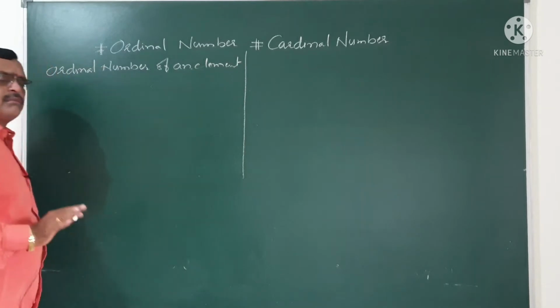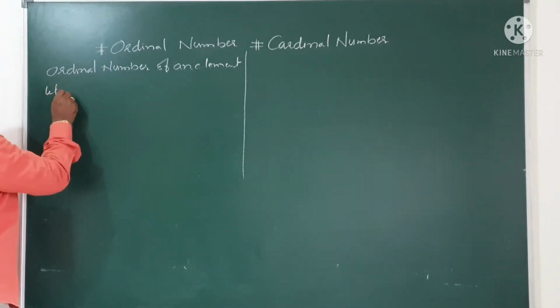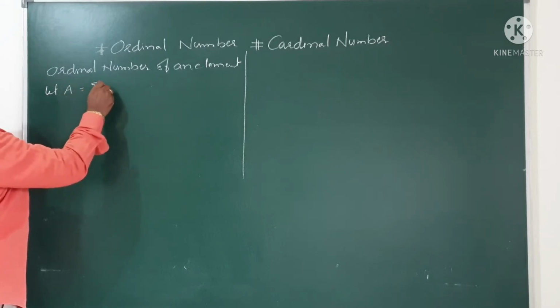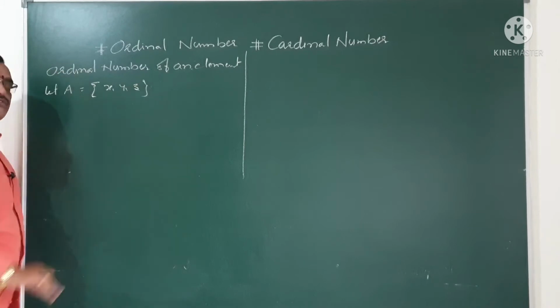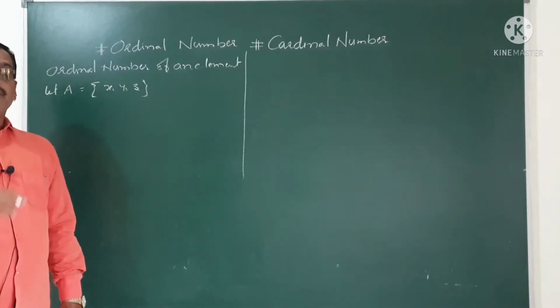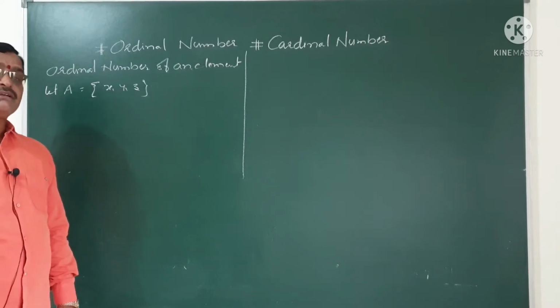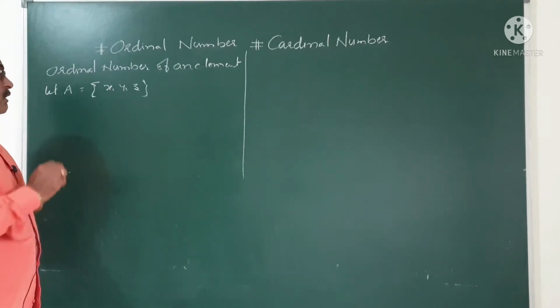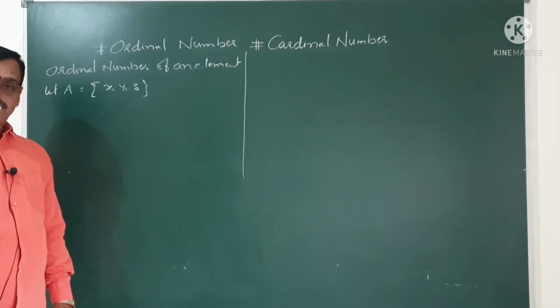This is important. For example, let A is equal to {x, y, z}, three elements, which is a discrete set. Now, what is the first element? x is 1.